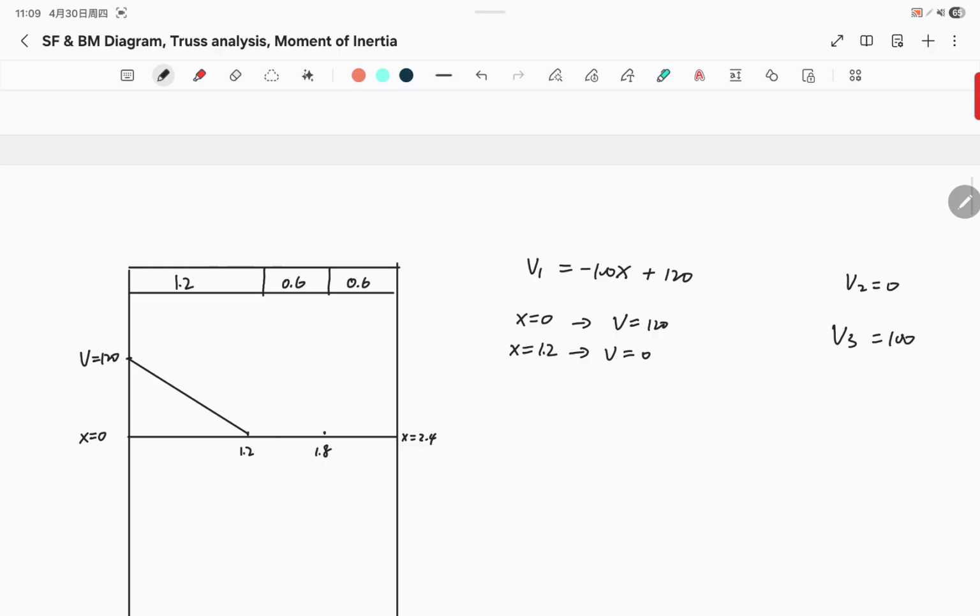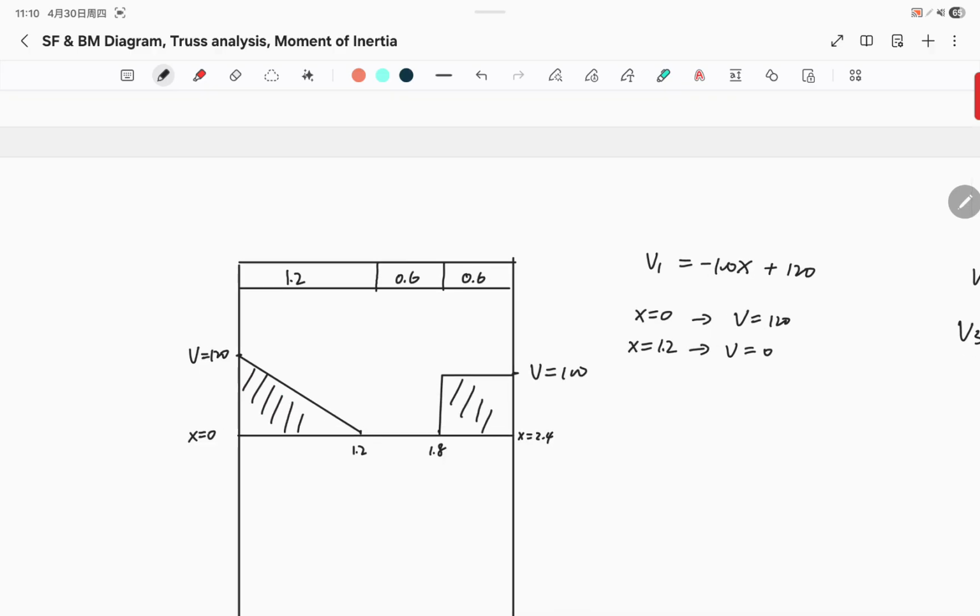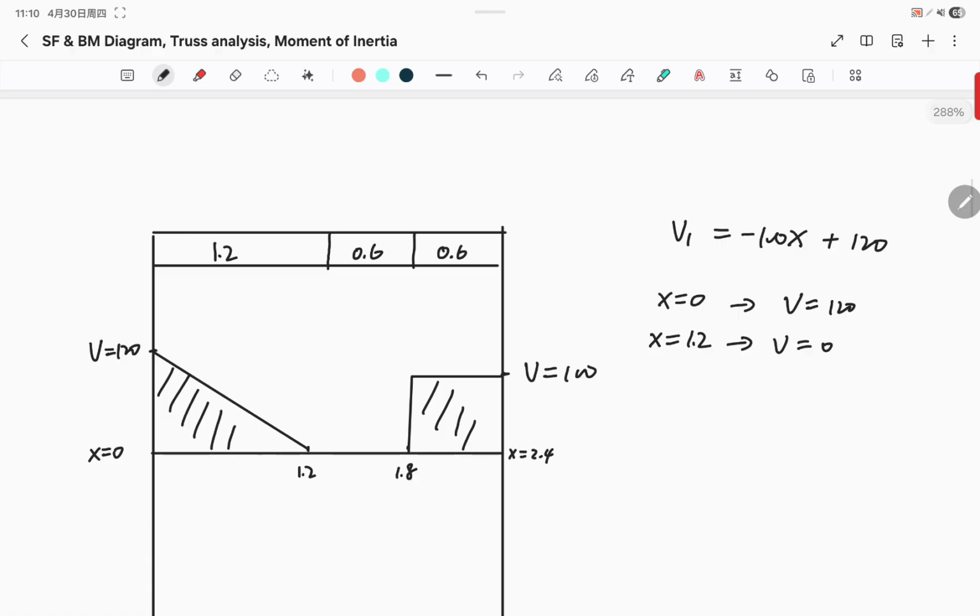And it's a constant, so somewhere here. Yeah, not very straight. Okay, so this is our V shear force diagram. We can label this function to be negative 100x plus 120.